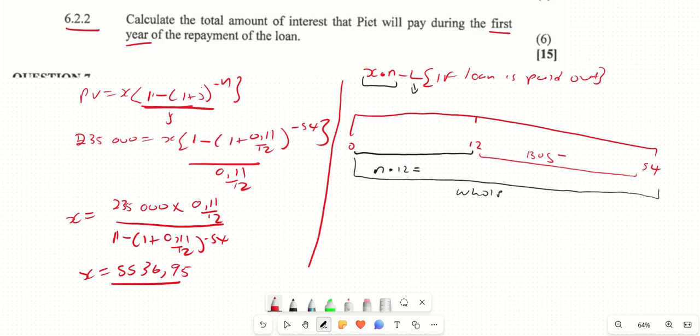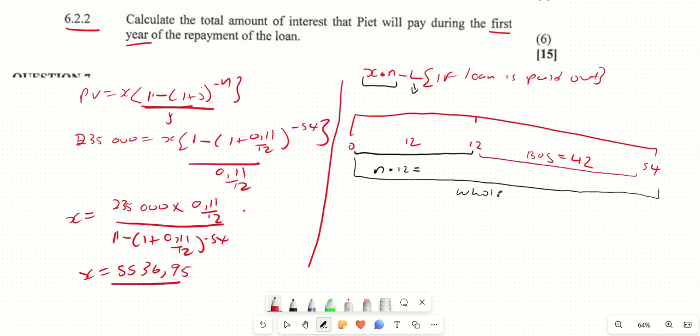The balance outstanding is going to be 54 minus 12, which is 42 months. Here the interest is for 12 months. In other words, the number of interest months plus the number of balance outstanding months should give us the number of payments.